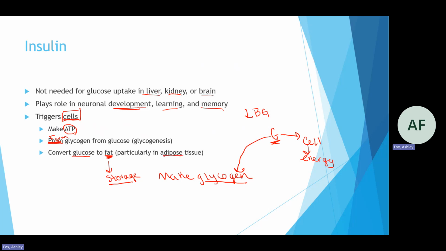In adipose tissue, especially, this is where glucose is changed to fat and stored in our adipose tissue in case we need it. Then glucagon comes along because we have low blood glucose, and we can break down the fat and change it to glucose when needed.